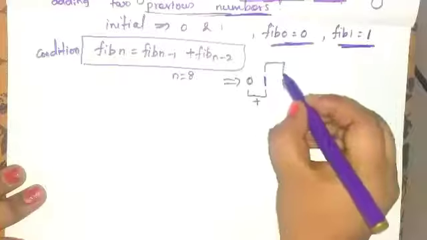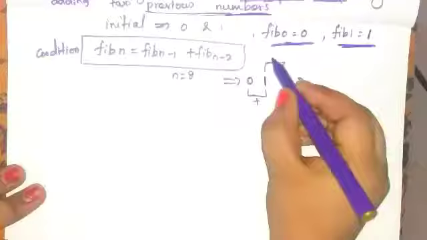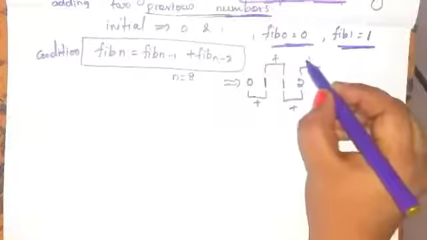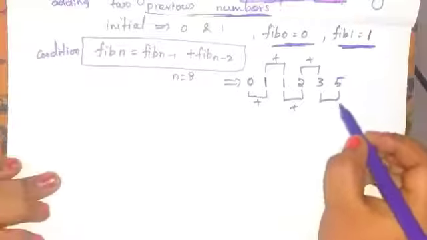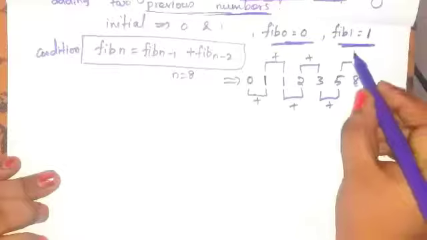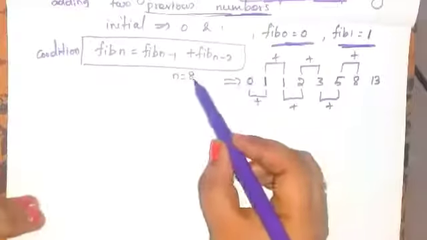Next add these two values: 1 plus 1, 2. Next add these two values: 1 plus 2, 3. Next, 5. Next, 8. Next add these two values: 13. See here, n is equal to 8.